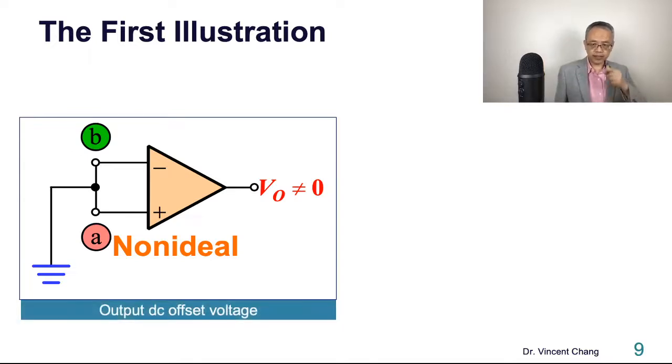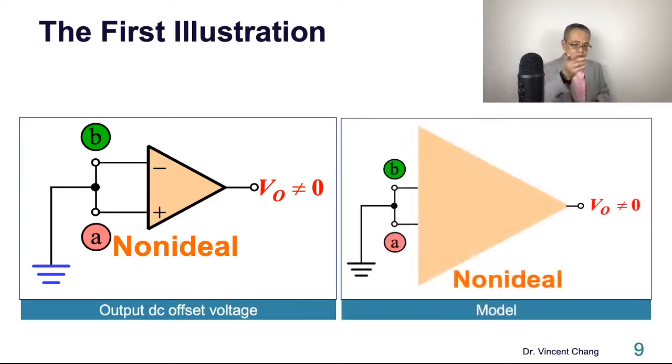So how are we going to analyze this with a closed-loop operational amplifier circuit? We need a model. On the right-hand side is the model. A model of what? The model of a real amplifier where the offset issue shows up.